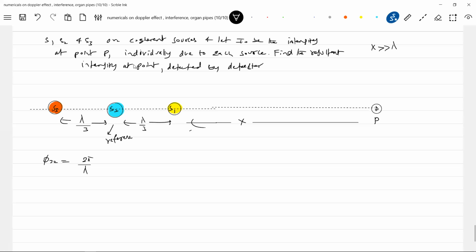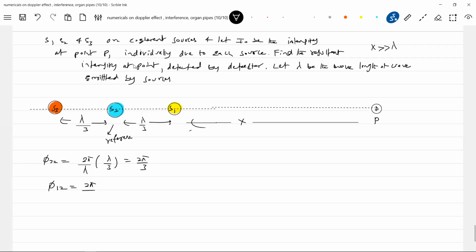The wavelength of the waves emitted by the sources. And the path difference between them is lambda by 3, so 2 pi by 3 is what we are getting. Similarly, the phase difference of wave 1 with respect to 2 is 2 pi by lambda.